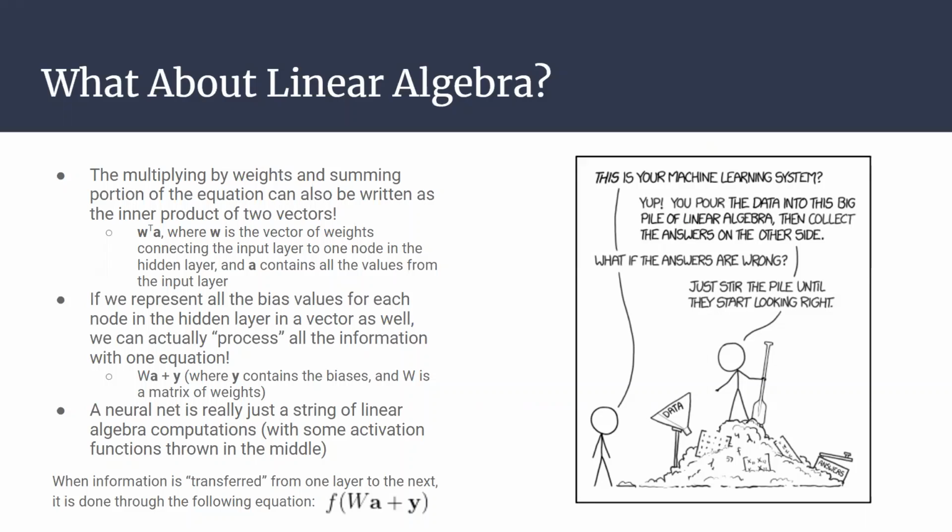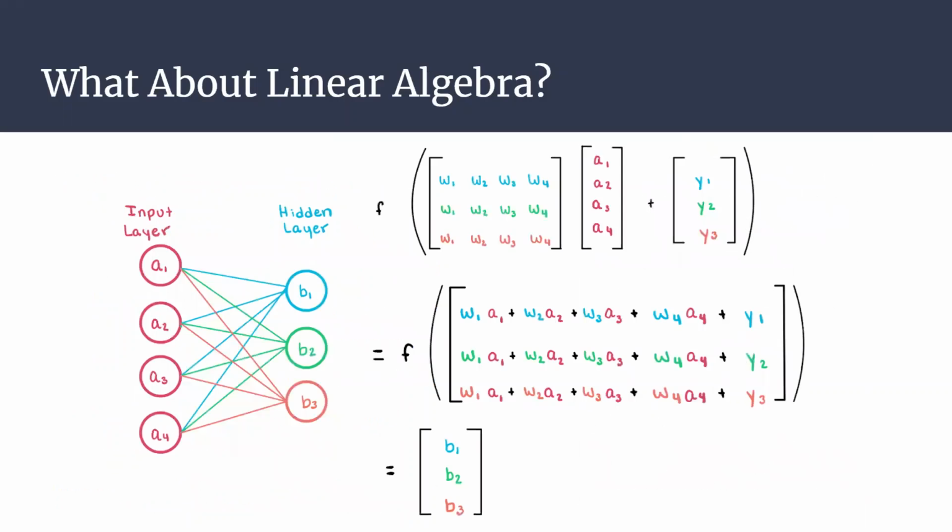And then we just get a linear algebra equation. And then we put all of that through the activation function. So this image explains a little more clearly what I'm talking about. There's a matrix of weights associated with each connection that gets multiplied by this input vector, and then you add the bias vector and put it through F, which could be anything.